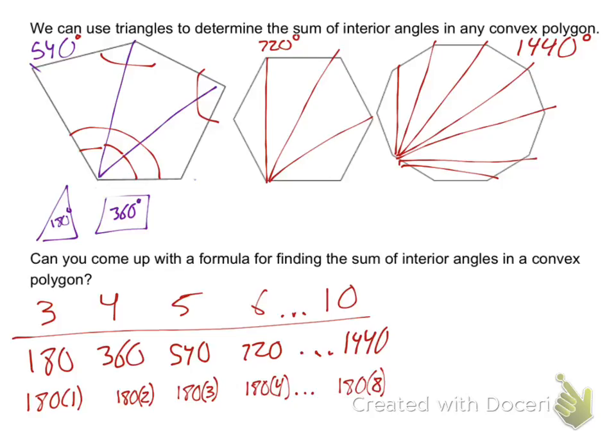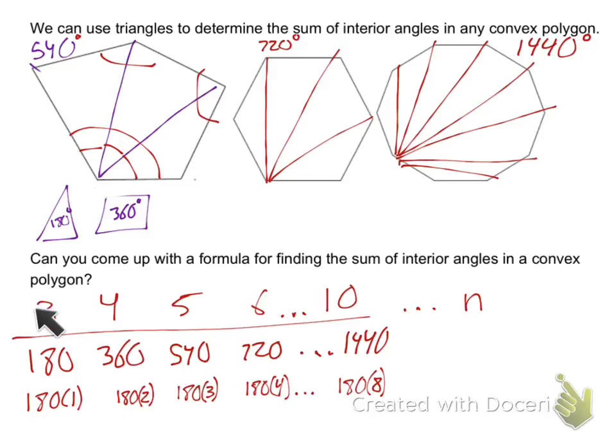What happens if I go to n sides? What seems to be happening with our connection between the sides and how many times we multiply it to 180? 180 times n minus 2.